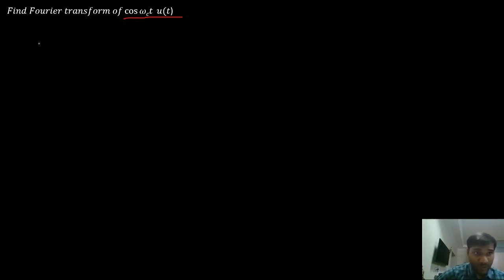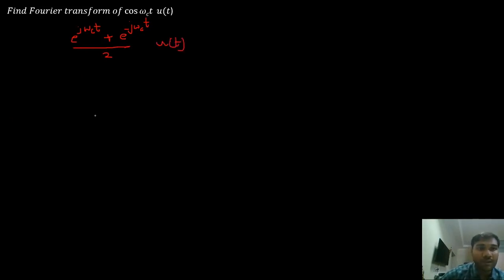Instead of cos omega ct, I can write e power j omega ct plus e power minus j omega ct divided by 2, into u of t.